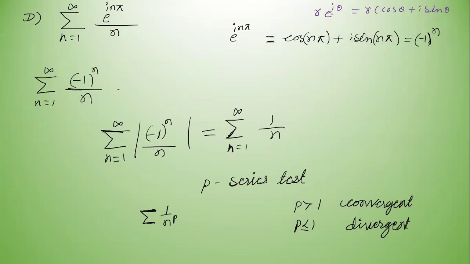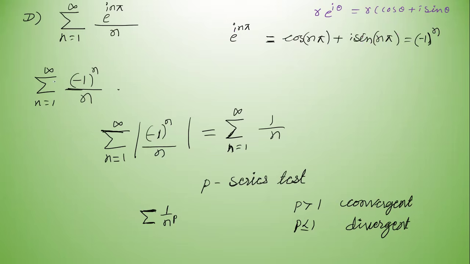Similarly, e raised to i n pi, you can write cos n pi plus i sin n pi. Sin n pi becomes 0. Therefore, this cos n pi is equal to minus 1 raised to n.